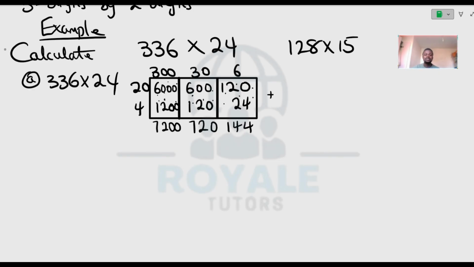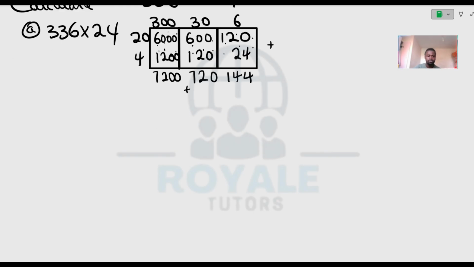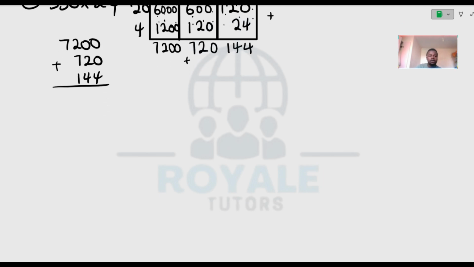Now we need to add together the rows. That means we want to do 7,200 plus 720 plus 144. So you can do the three together actually. So you have 0 plus 0 plus 4 is 4. 0 plus 2 plus 4, that is 6. 2 plus 7 plus 1, that is 10.